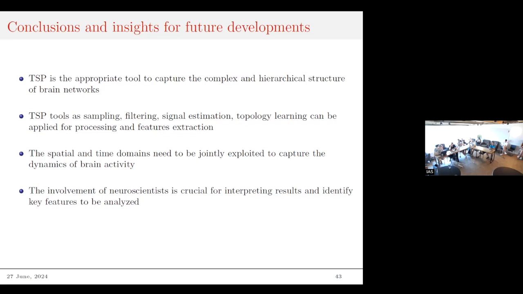Or also exploit this information and use a statistical framework. The involvement of neuroscientists is crucial for interpreting the results, of course, and for identifying key features to be analyzed. I think that is a fundamental step.